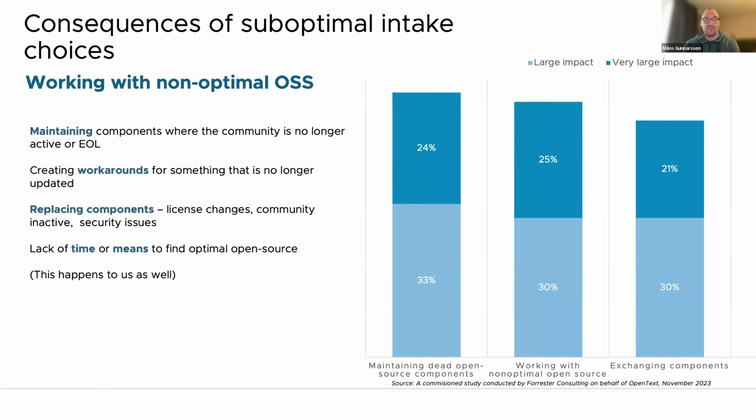And it results in having to replace components as the lesser of two evils due to an inactive community or due to a license change, which happens fairly frequently, or too late discovering that the community is no longer as responsive or active as originally assumed.